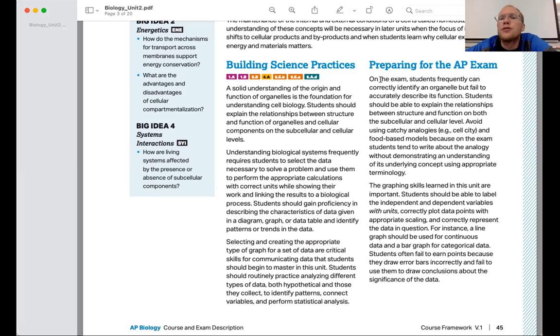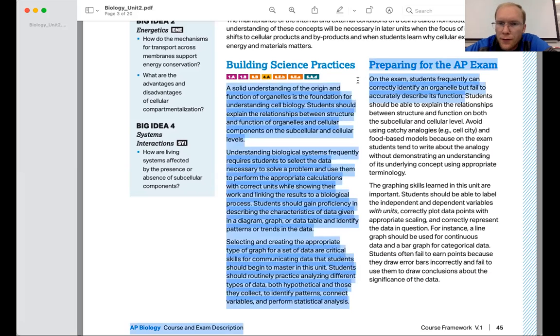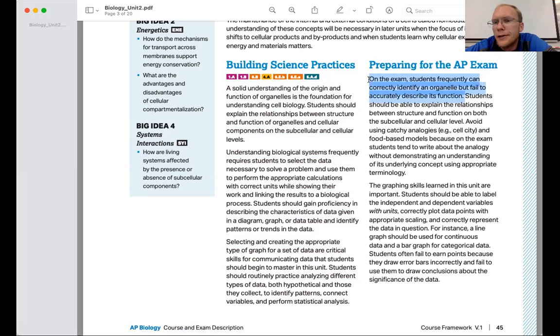On the exam, students frequently can correctly identify an organelle, but fail to describe its function. Of course, if you just memorize what the organelles are, that's not going to help you at all on the test. We'll move beyond that sort of middle school model of just memorizing the parts.